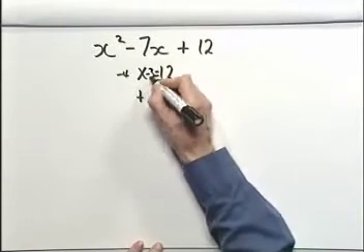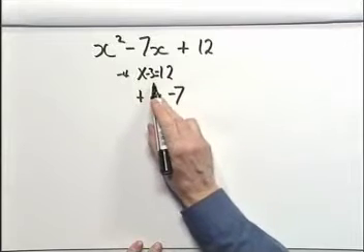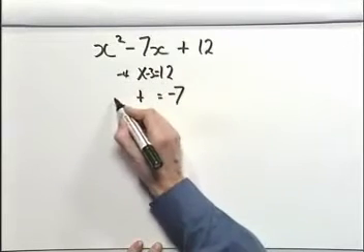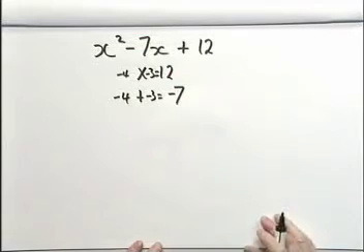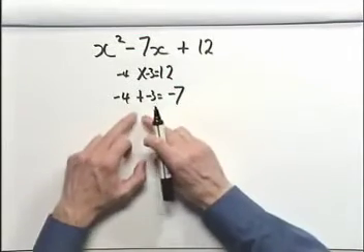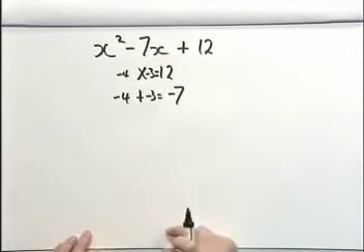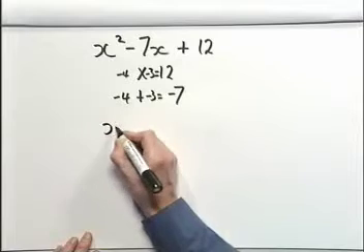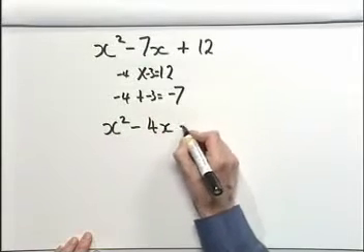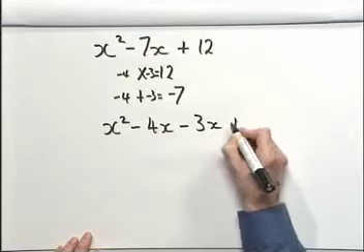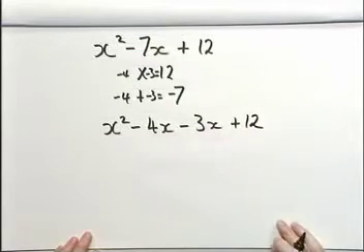So let's just write those in. Minus 4 times minus 3 gives us plus 12, and minus 4 plus minus 3 gives us minus 7. So that's given us a way of breaking down this minus 7x. x squared minus 4x minus 3x plus 12.